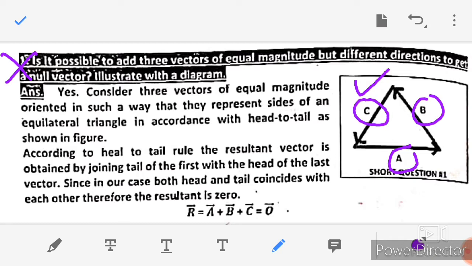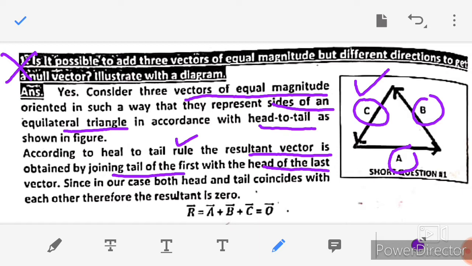The answer is yes. Consider three vectors of equal magnitude arranged in such a way that they represent the sides of an equilateral triangle in accordance with the head to tail rule, as shown in the figure. According to the head to tail rule, the resultant of vectors is obtained by joining the tail of the first vector with the head of the last vector.